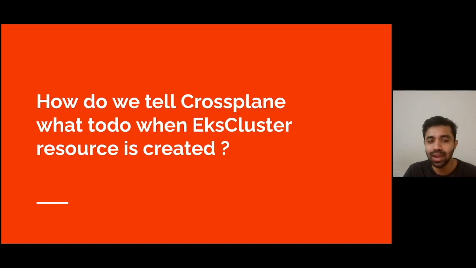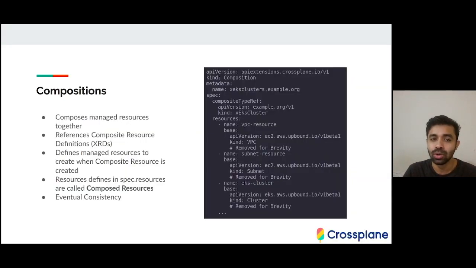And we do this by defining a composition. So what you do is you add all the managed resources that you want to create from one or more providers into the composition, and then reference a composite resource definition inside the composition resource.